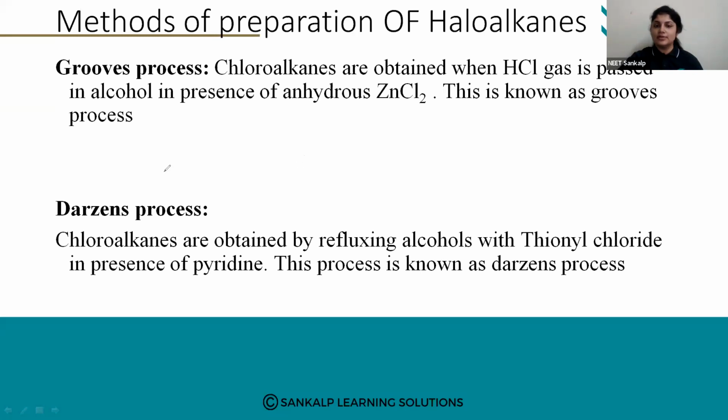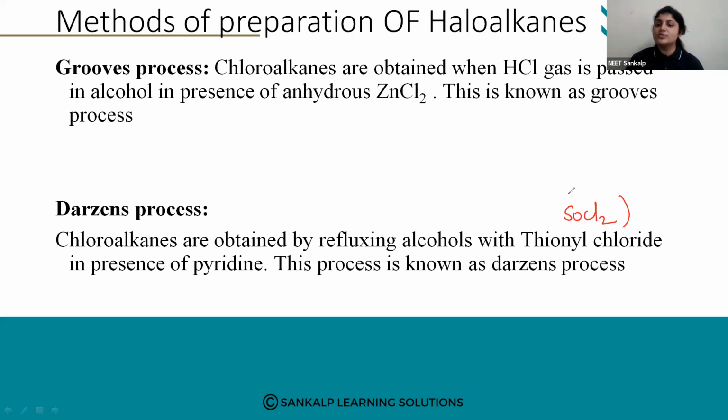I'm just going with the name reactions, important name reactions. In Darzens process, chloroalkanes are obtained by refluxing alcohols with thionyl chloride. Now what is thionyl chloride?